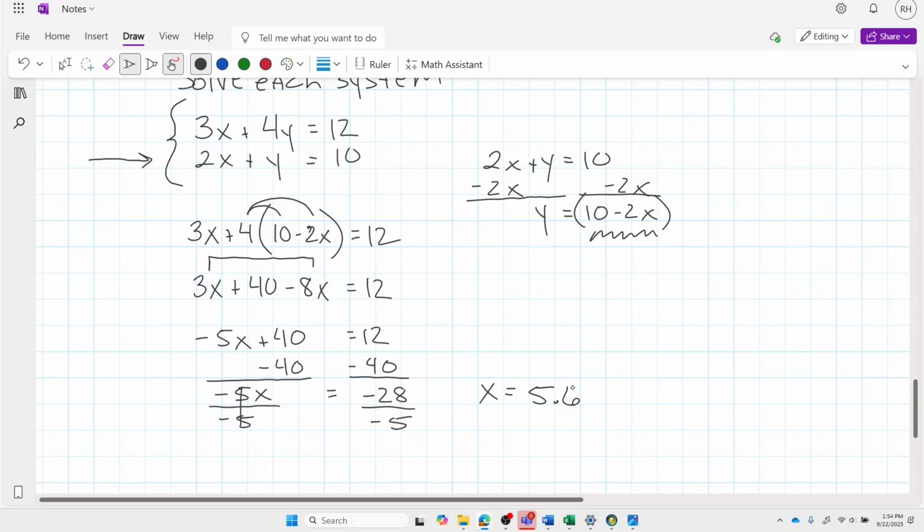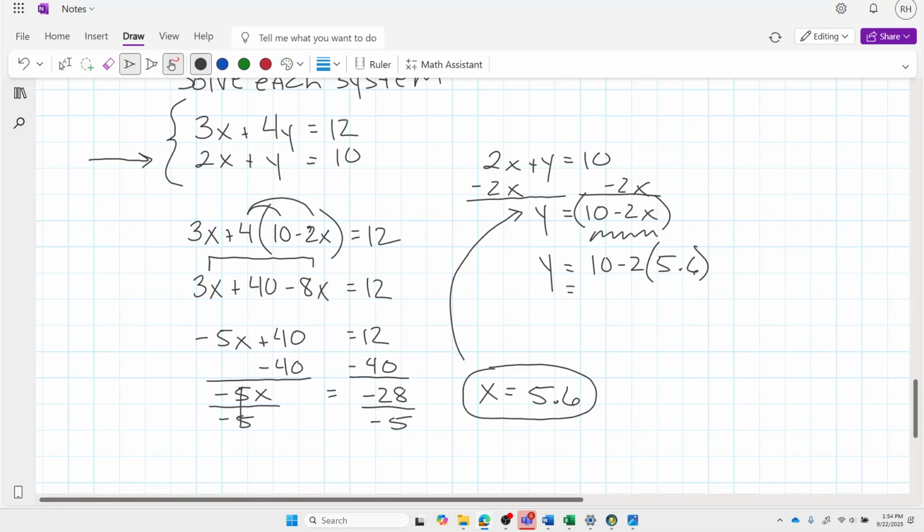So now that we know what x is equal to, the easiest thing to do is go back here and substitute. So we can say y is equal to 10 minus 2 times 5.6.